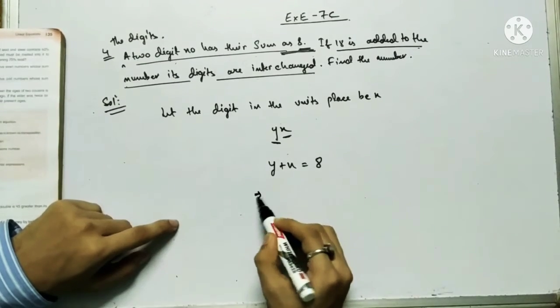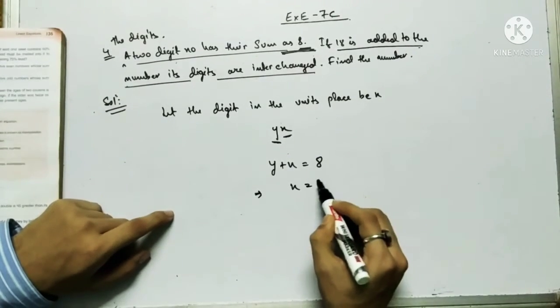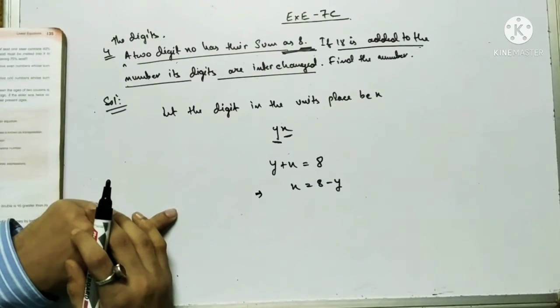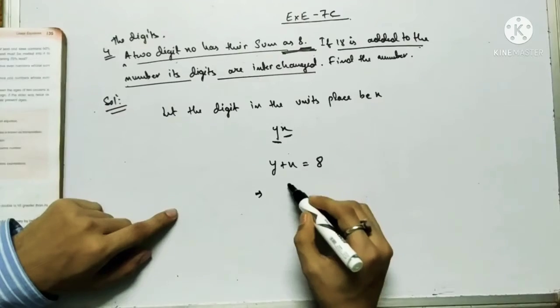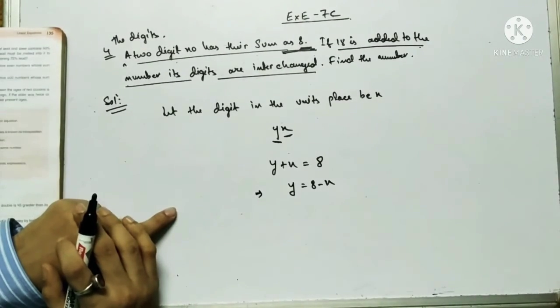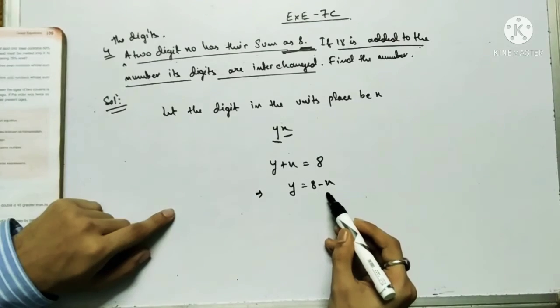Understand? So in here the x value will be 8 minus y, and the y value will be 8 minus x.